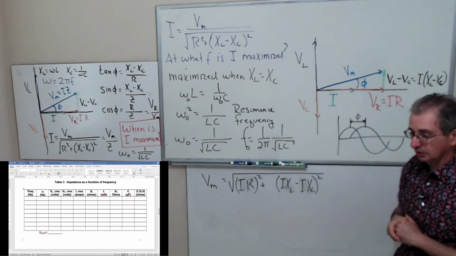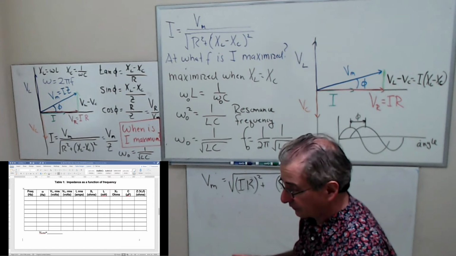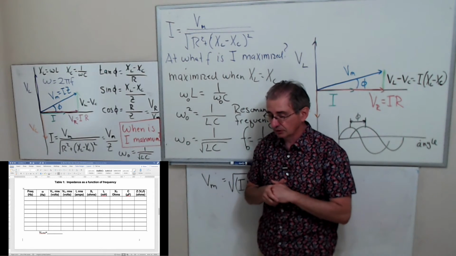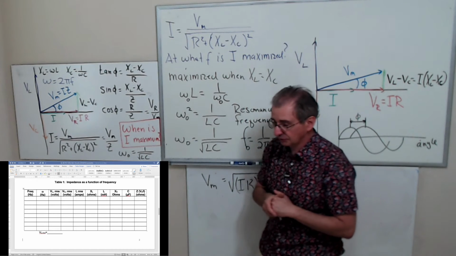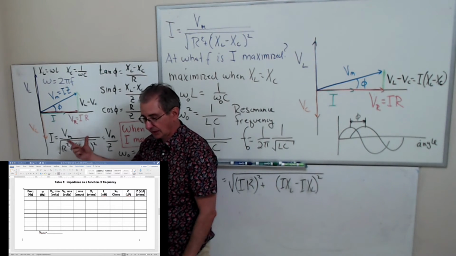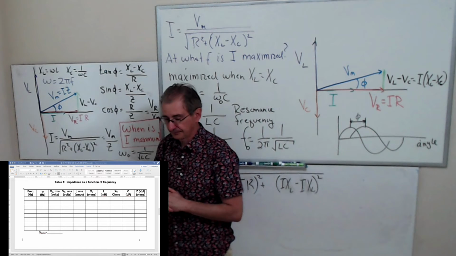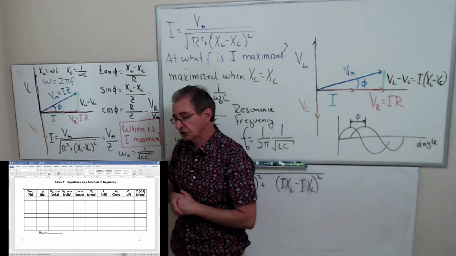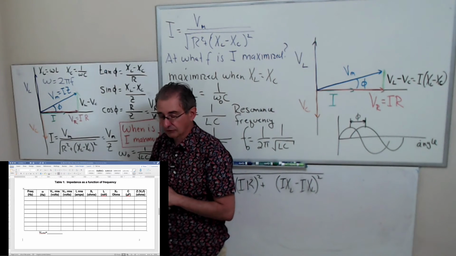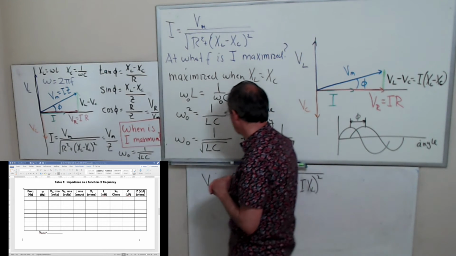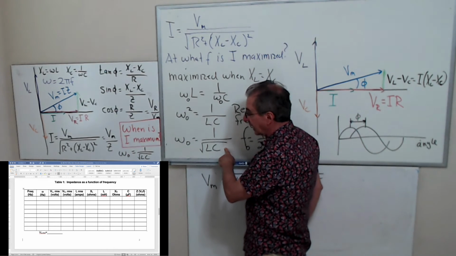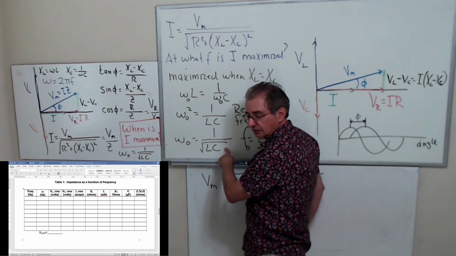The voltage across the resistor. So at the resonance frequency, the voltage across the resistor is maximized because the voltage across the resistor is just this times R. But the voltage across the capacitor and the voltage across the inductor is not maximized at this frequency. It happens somewhere else.